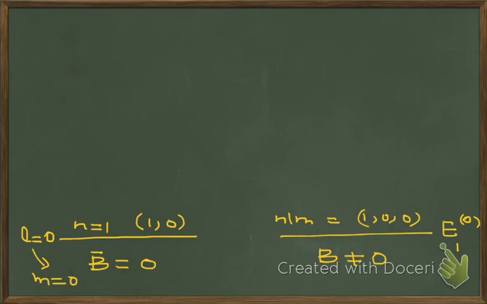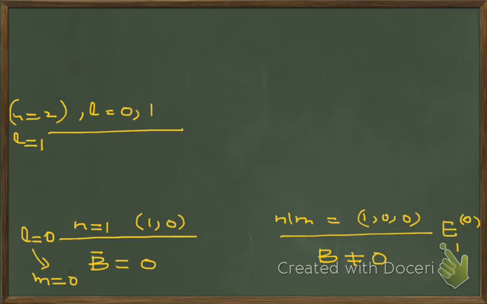For the second energy level, n equal to 2, we have L equal to 0 or L equal to 1. We consider the level with L equal to 1, as there will be no splitting of the energy level in the case of L equal to 0.